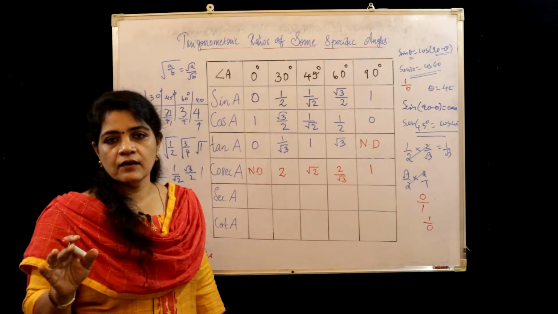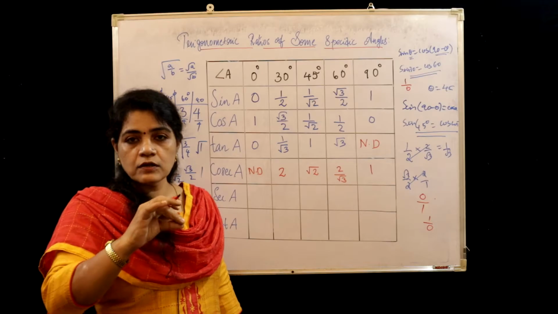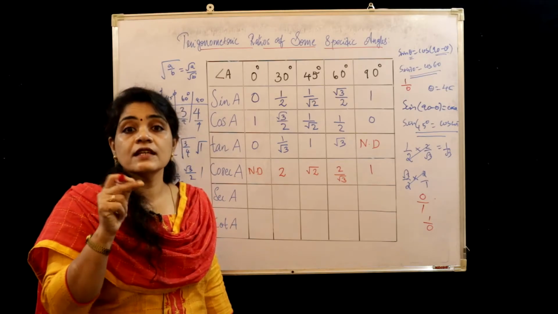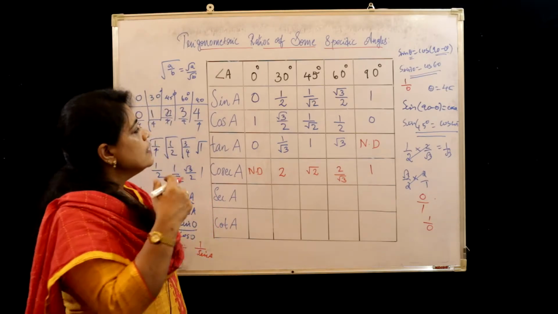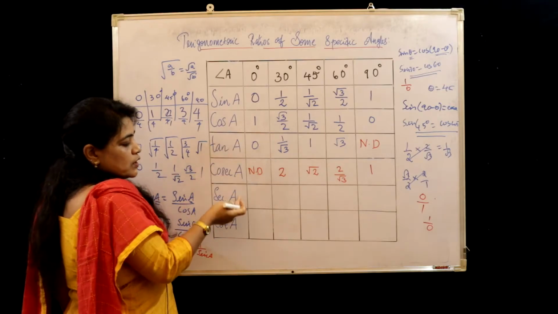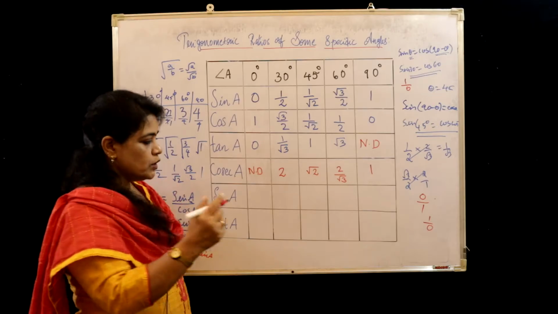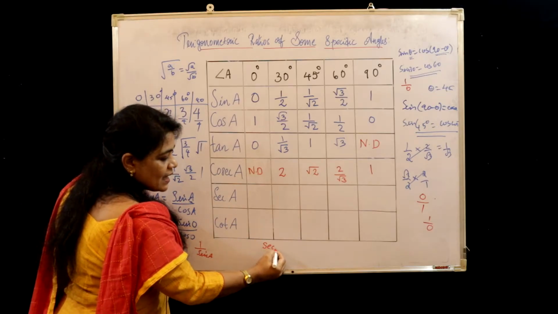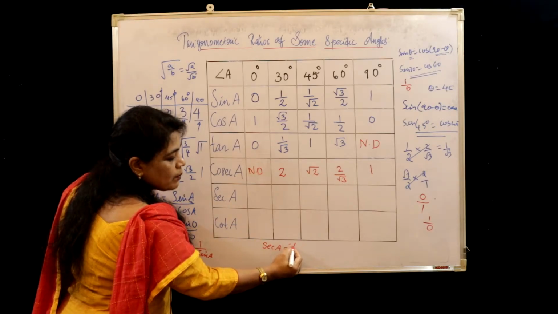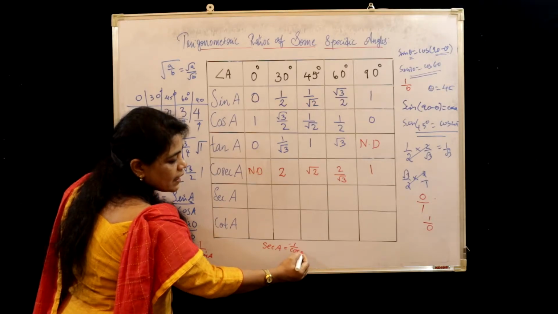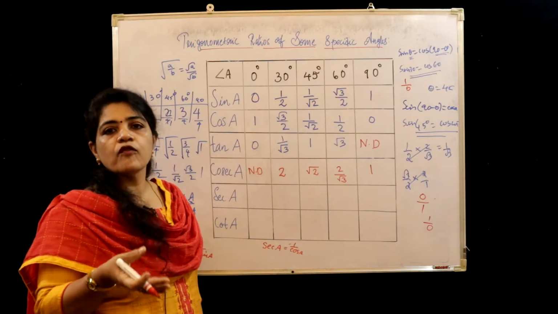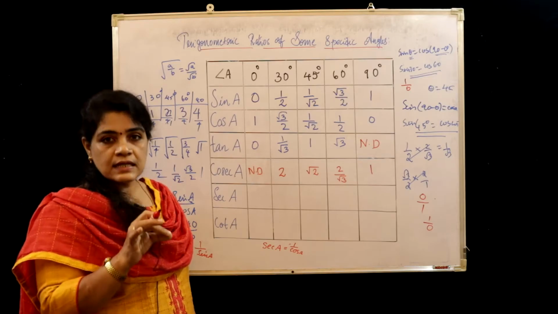Is the idea okay, children? How can we get the cosec values? Just take the reciprocal of sine because of the reciprocal relation. In the same way, in order to get the sec values, because sec A equals 1 by cos A, take the reciprocal of cos, that will give you sec.